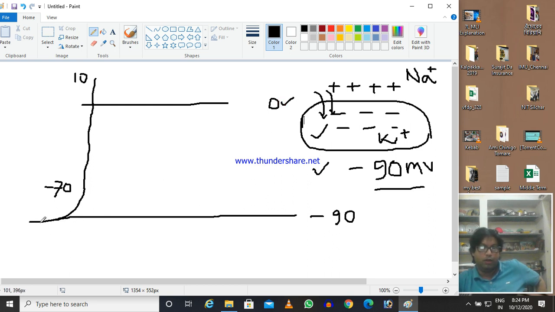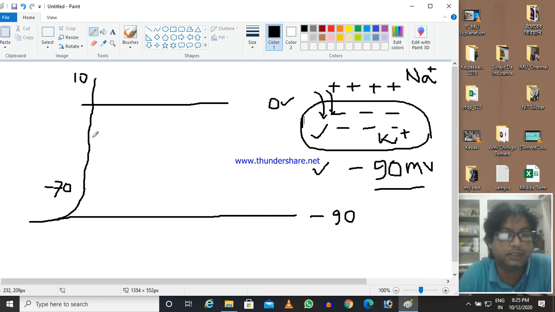So now in contractile cardiac myocytes, when they receive the electrical pulse, from the resting potential, that is minus 90 millivolt, it reaches positive 10 millivolt.